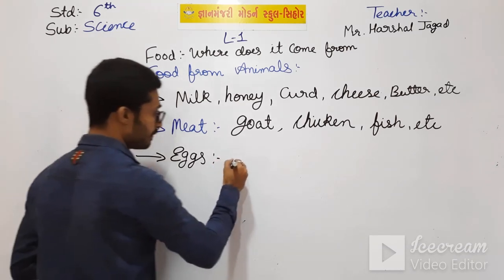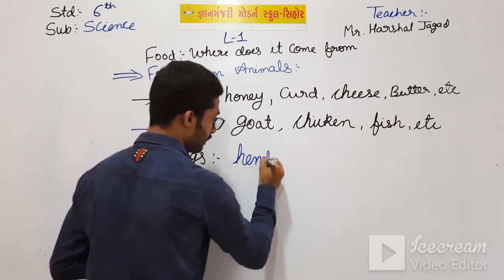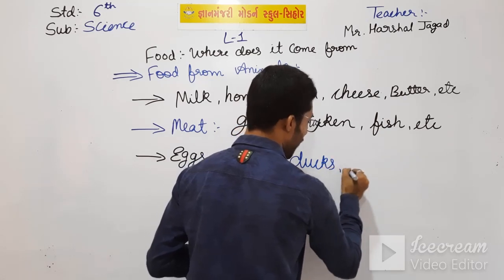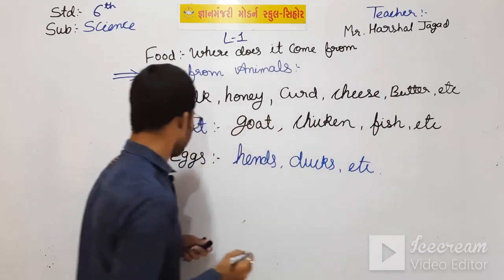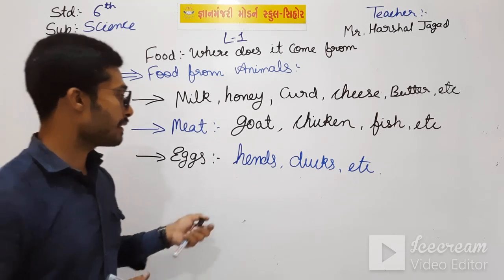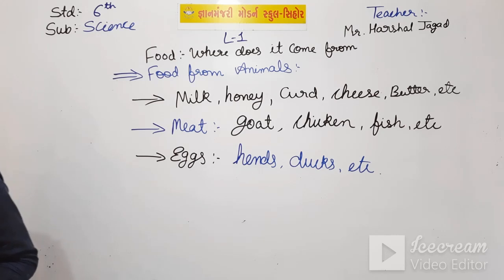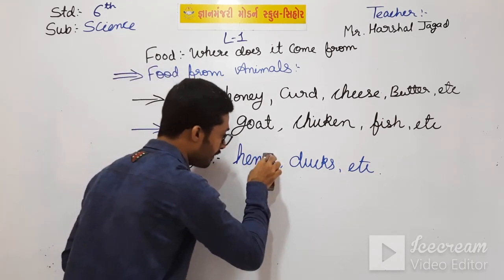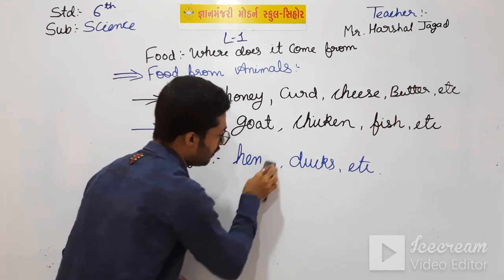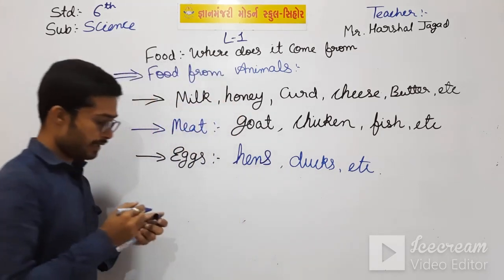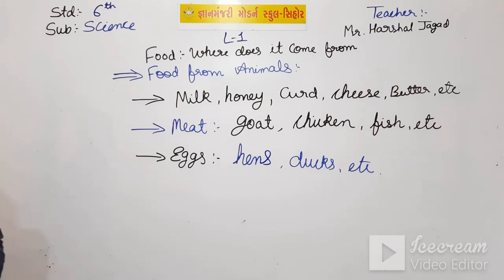Hens, ducks, etc. The eggs we get from hens and ducks, etc. Sorry, I have made here D. The D will not come over here. Hens. Okay. So now honey.